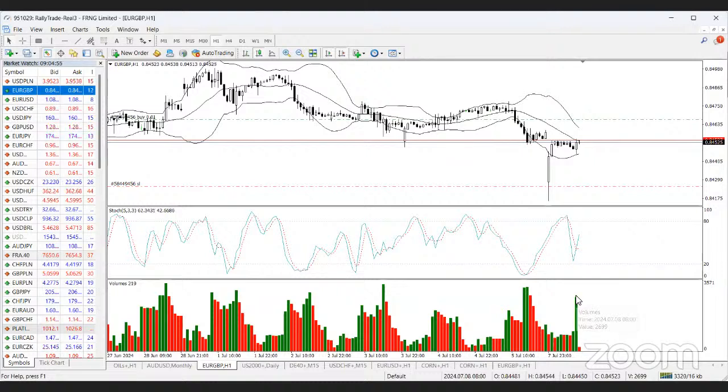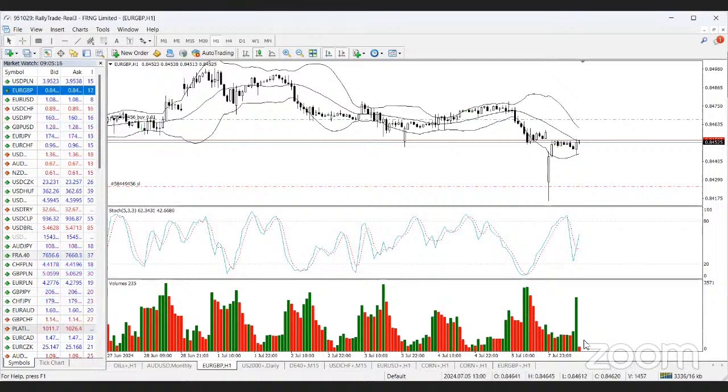The volume is high and the red is very small, which means that the sellers are not much, according to the explanation I got on how volume works. I must confess I've never used it before, but as a strategist, I'm open to trying new things to see what I can do.